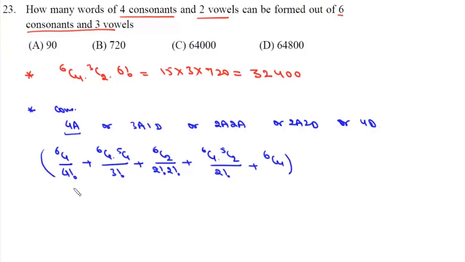So these are the total possibilities we have for consonants, and the total number of words will be factorial 6 into this, into the choices we have for vowels.